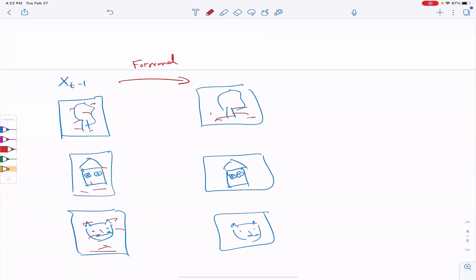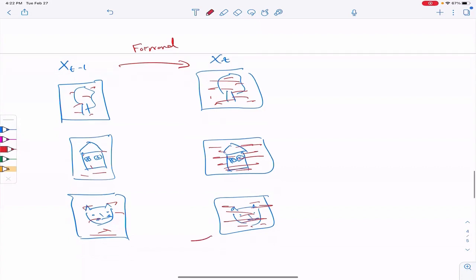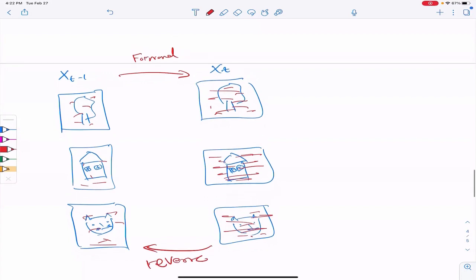So this will be a little bit noisier version. But my goal is to go backward. I want to find the distribution of xt minus 1 given xt. What is it? What is this process?